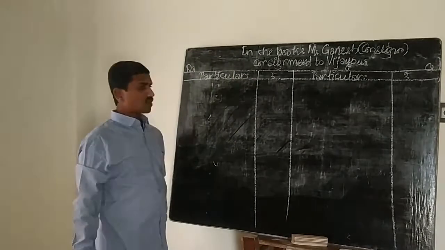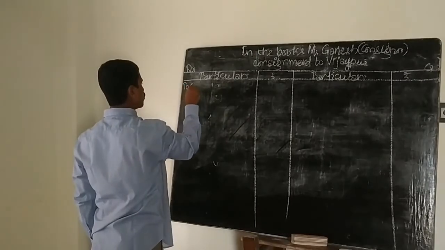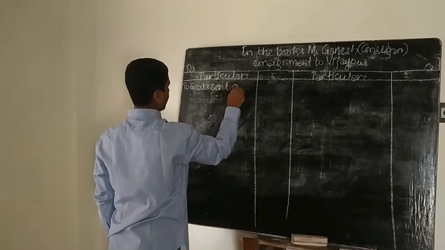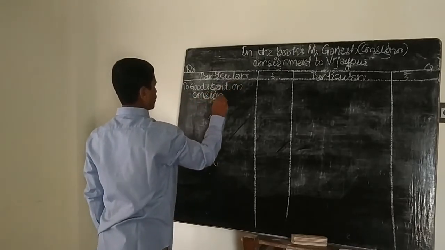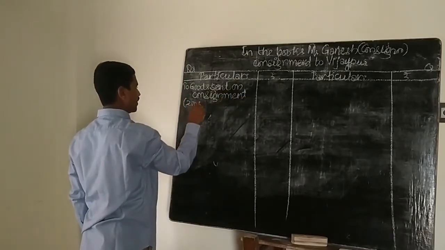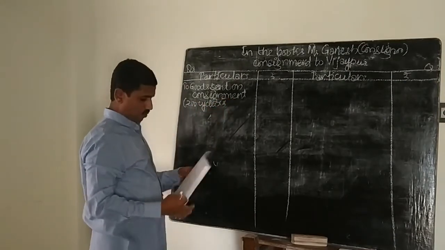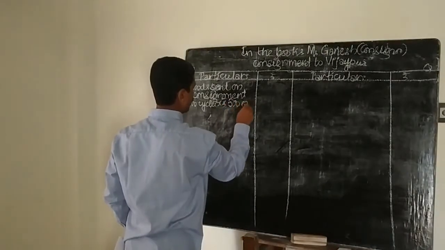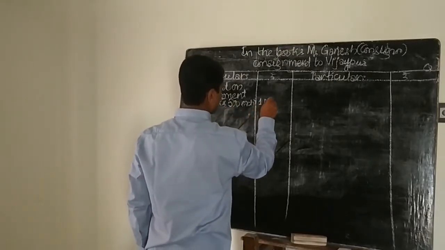So now, when the goods are sent on consignment, then it will be consignment account debit to goods sent on consignment here. So here 200 cycles are sent at the rate of rupees 500 each.